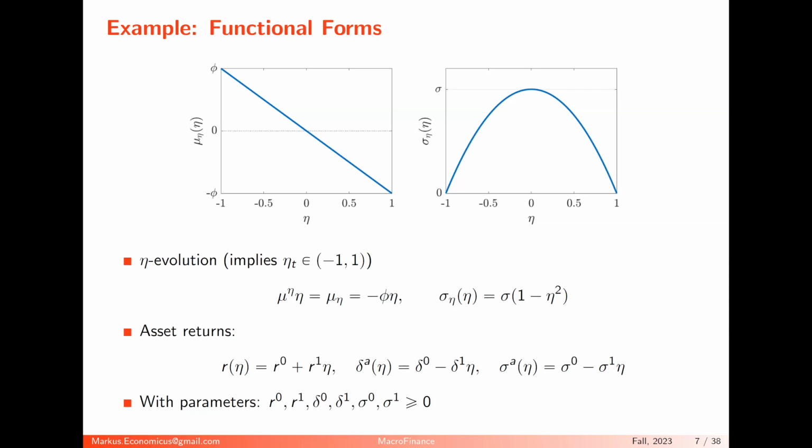And then we also specify the volatility as a quadratic in eta. So that's a parameter sigma times 1 minus eta squared. And that looks like something like that. So how does the system look? It has very low volatility here, then becomes more volatile, and it's very volatile here.